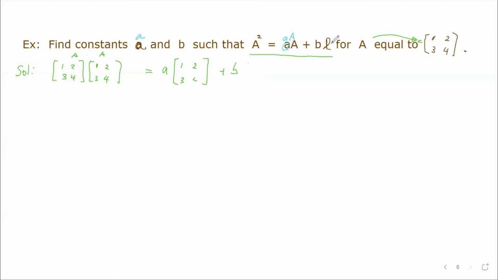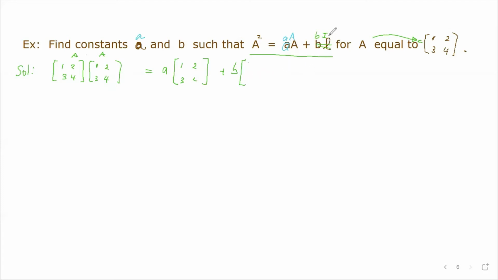Or this one not BL, sorry, it should be, otherwise cannot find. This one BI. Okay, can I correct here? This is BI, okay? BI, this one wrong. This is a question. So BI, I is identity matrix. So what are we going to write down for identities?